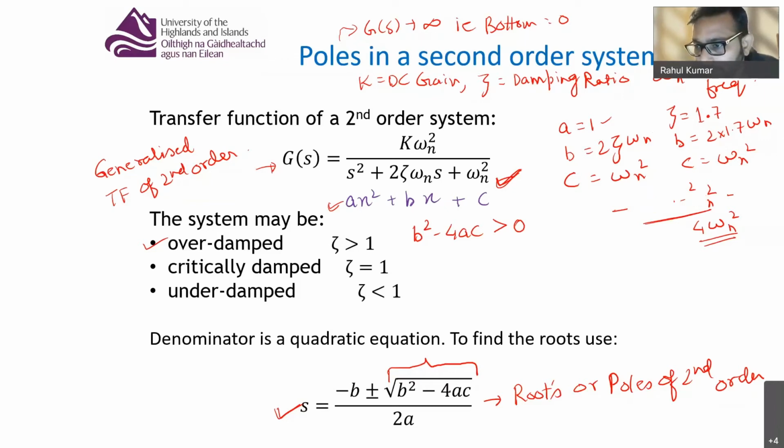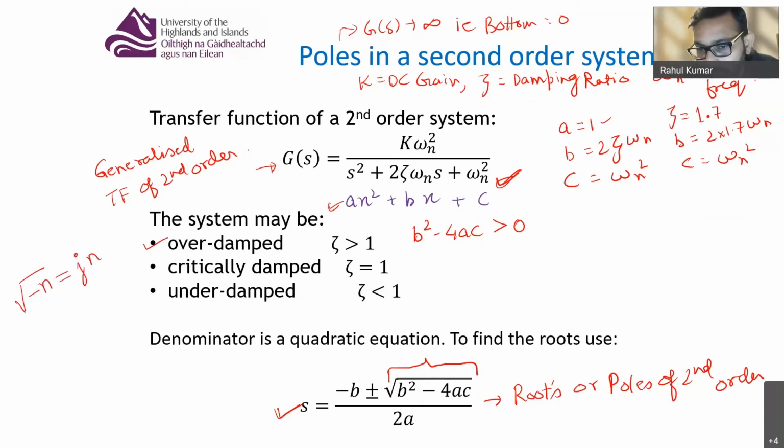Okay, so greater than 0, that means within the square root of the formula, square root of b square minus 4ac, I will get a positive number. If you remember, the square root of any negative number gives me an imaginary number, right?